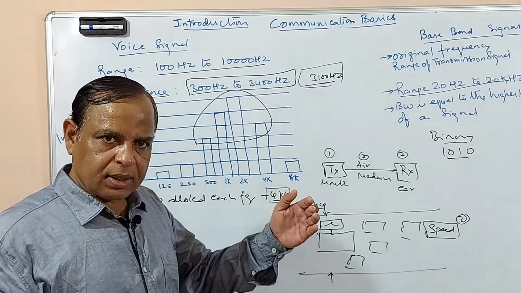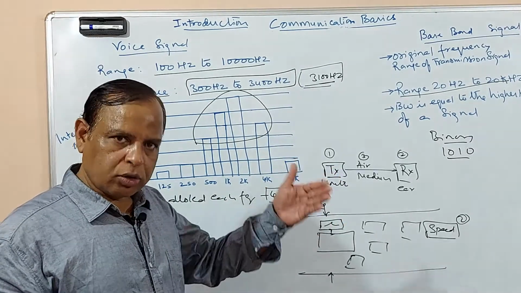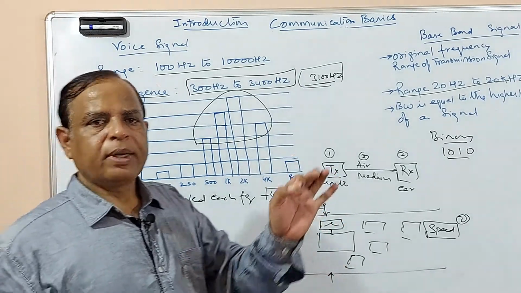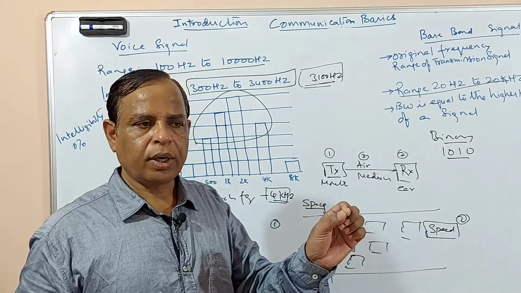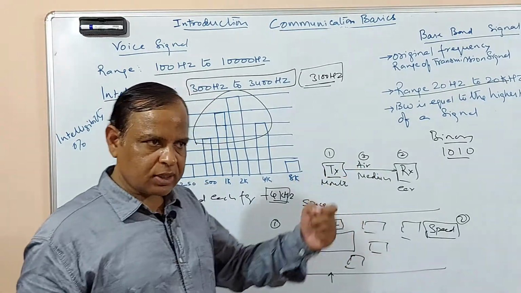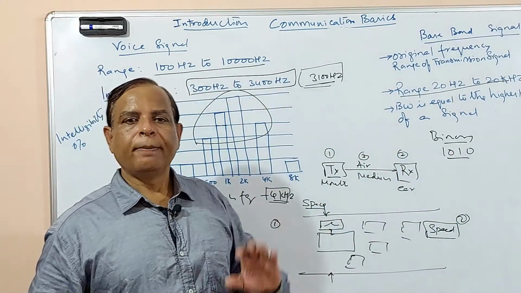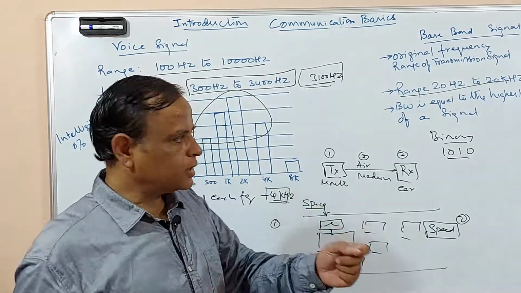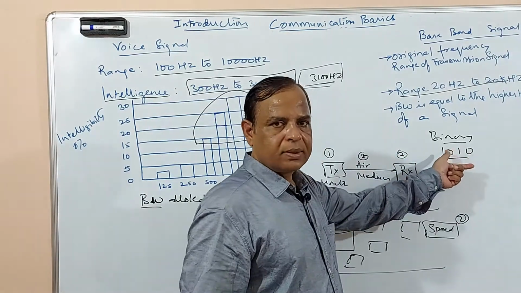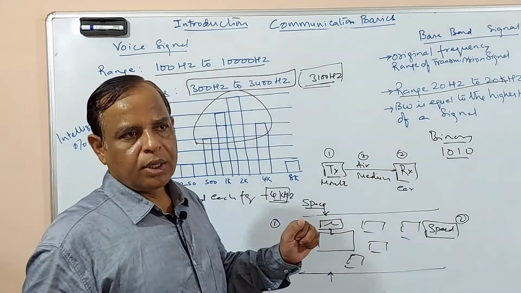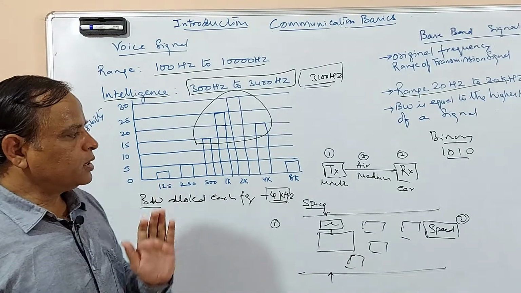These bits also have to be represented by some signal. So whatever signal you use to represent these bits is also said to be a baseband signal, because the original signal is representing these bits. So this is all about a baseband signal.